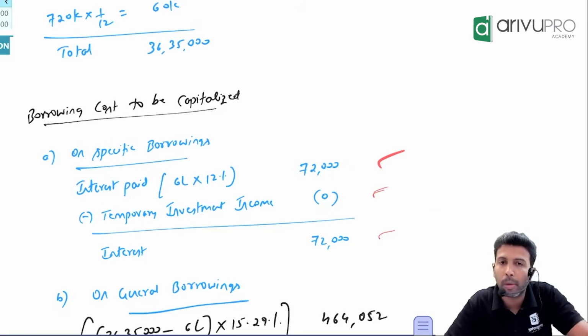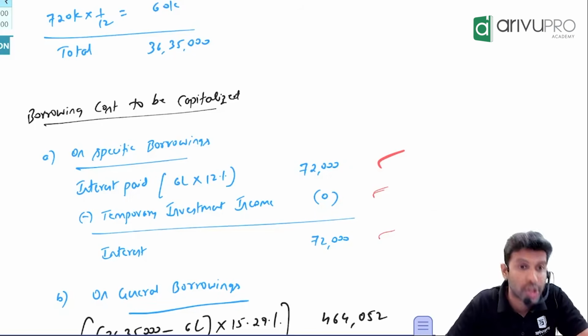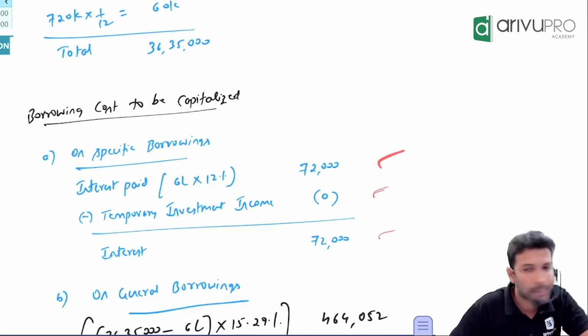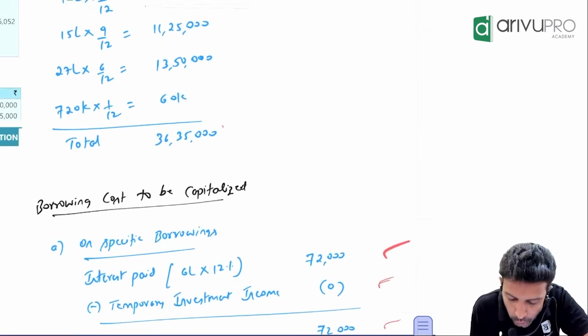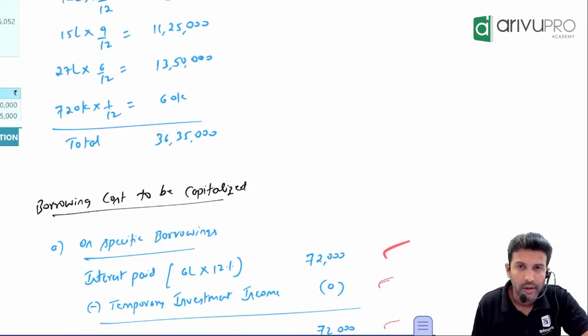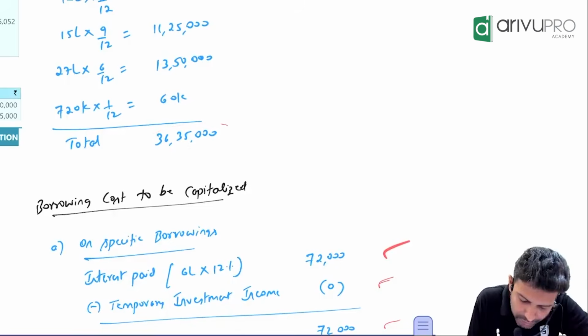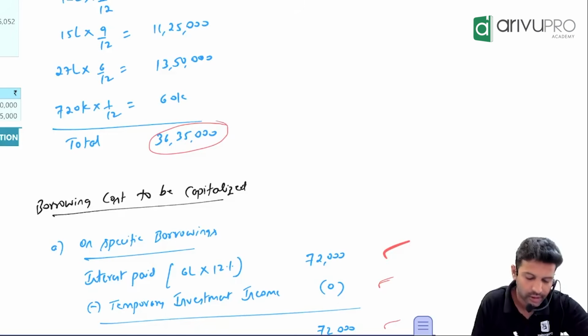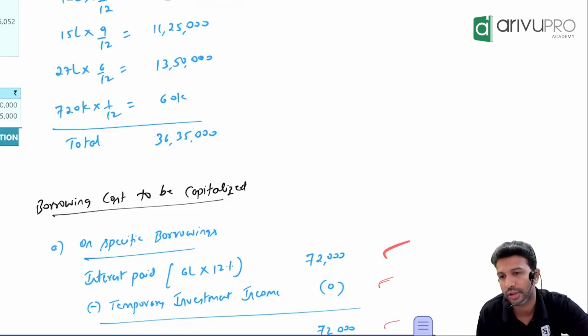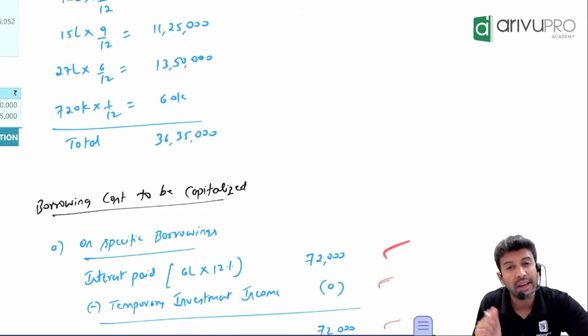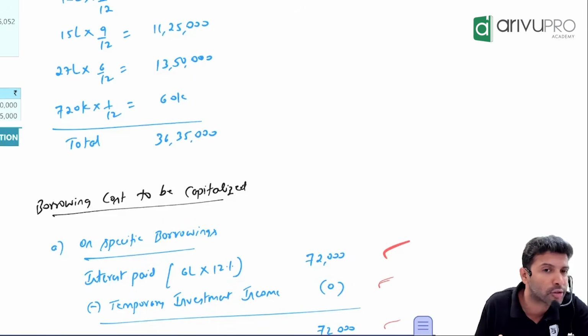The only thing now we have to calculate is how much borrowing cost relating to the general borrowing we need to capitalize. How much money have we totally spent? Total money spent or time weighted expenditure? Time weighted. How much is the time weighted expenditure? 36 lakh 35,000. Did the entire money come from general borrowing, or is there specific borrowing also?